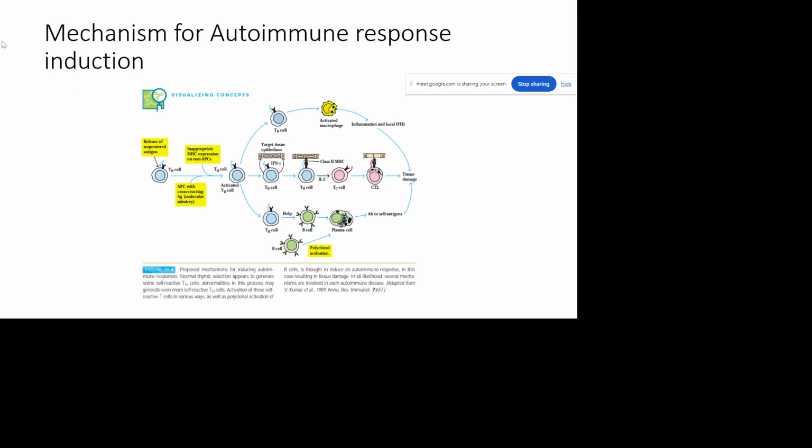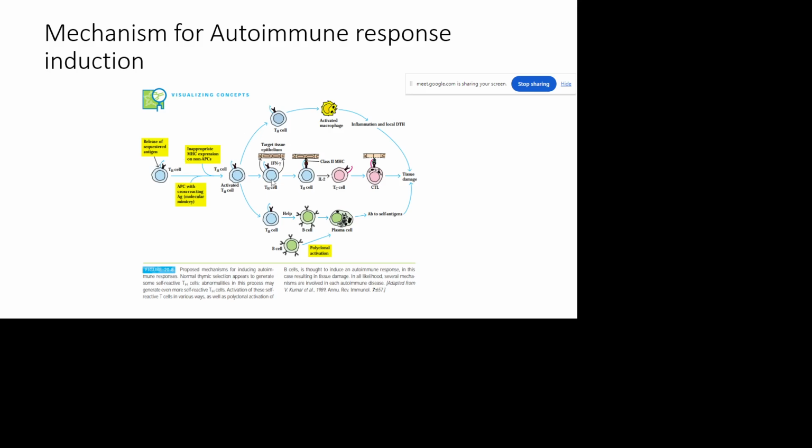Now if you see the mechanism for autoimmune response induction, here the helper T cell comes in contact with an APC with a cross-reacting antigen. The APC can present the antigen, which is also molecular mimicry. Upon interacting with the APC presenting this antigen, the helper T cell will be activated.